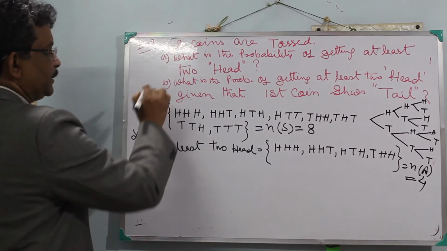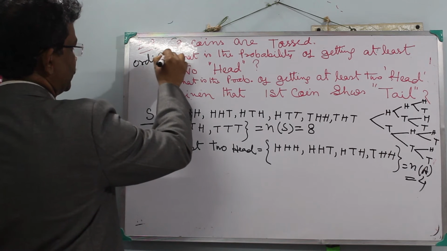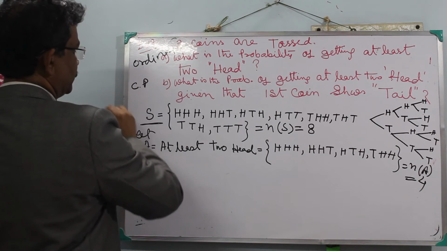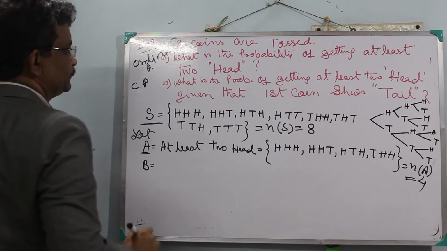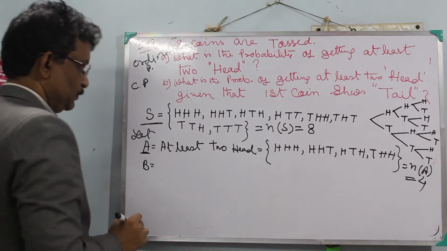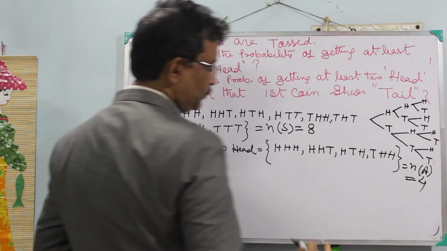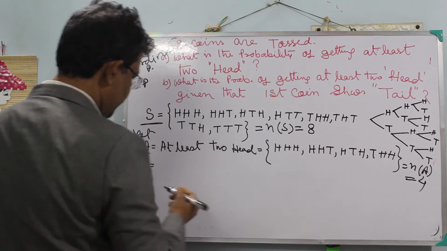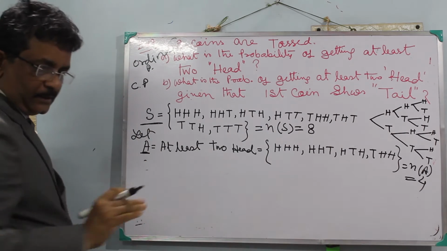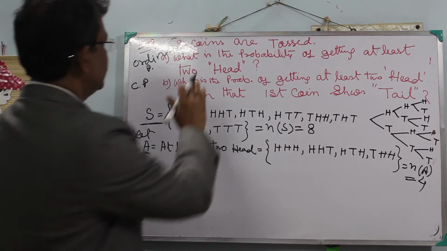Now the first is the ordinary case, and the second is conditional probability. It is ordinary probability. What is the probability of getting at least 2 heads? So at least 2 heads, their number of elements is 4 and sample space 8. So what is the probability?